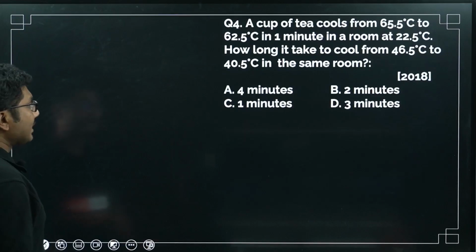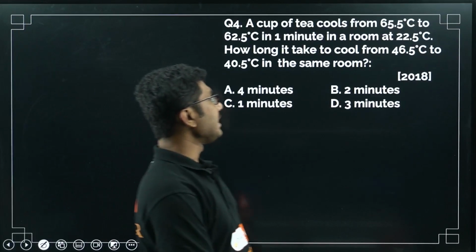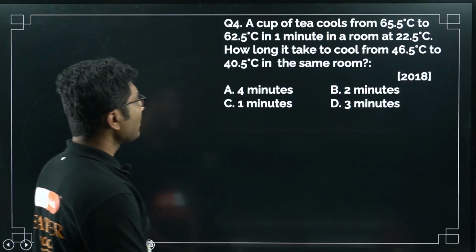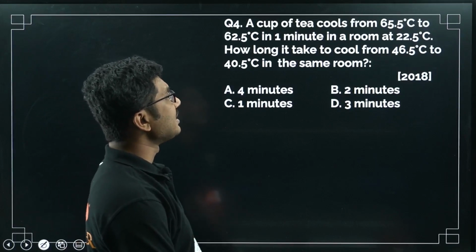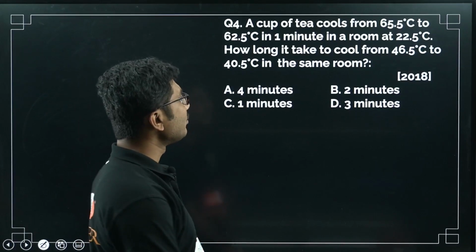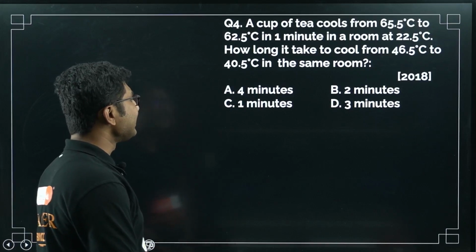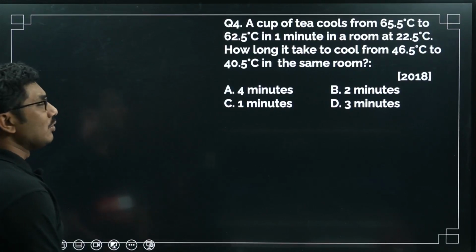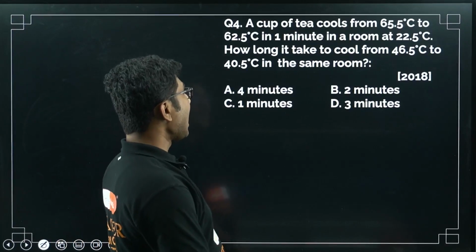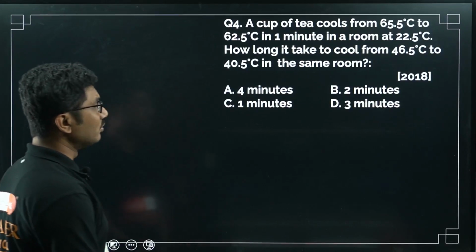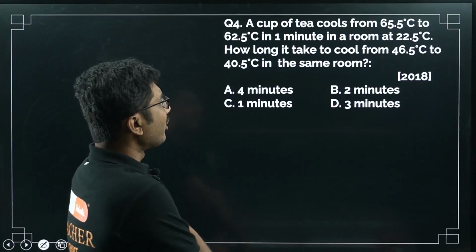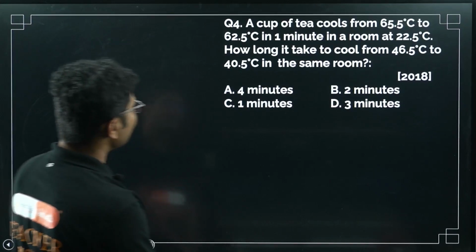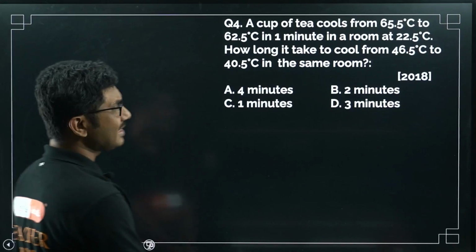Right? Now next question. A cup of tea cools down from 65.5 degrees Celsius to 62.5 degrees Celsius in 1 minute in a room at temperature 22.5 degrees Celsius. How long will it take to cool down from 46.5 degrees Celsius to 40.5 degrees Celsius in the same room?